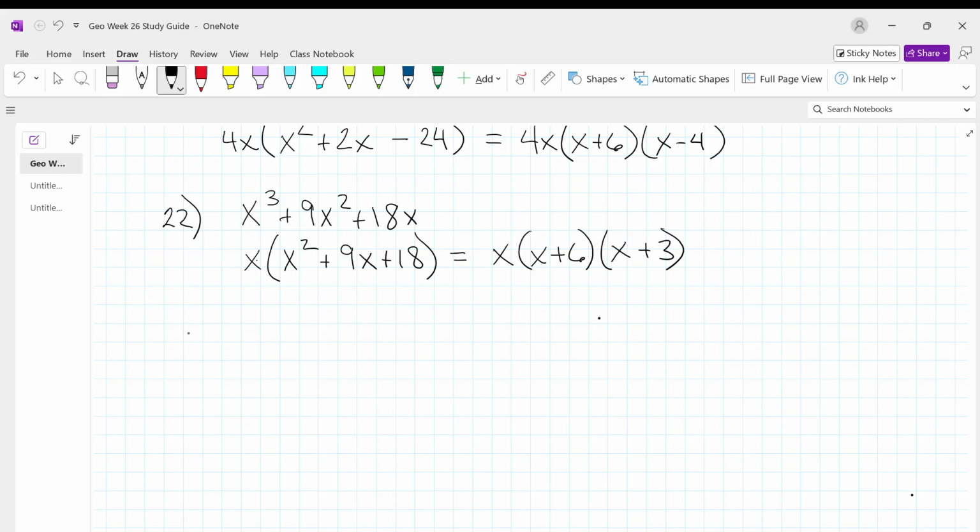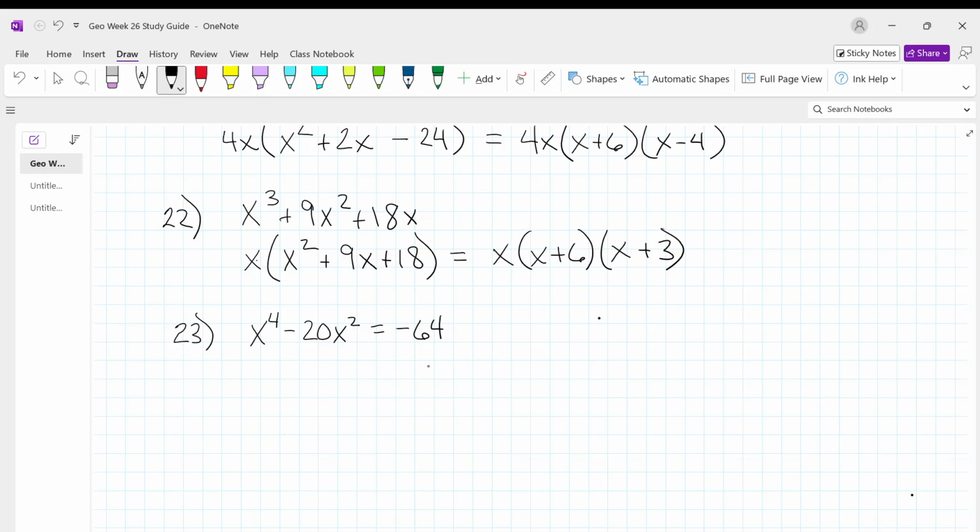And problem number 23. What are the real or imaginary solutions of each polynomial equation? We've got x to the 4th minus 20x squared equal to negative 64.